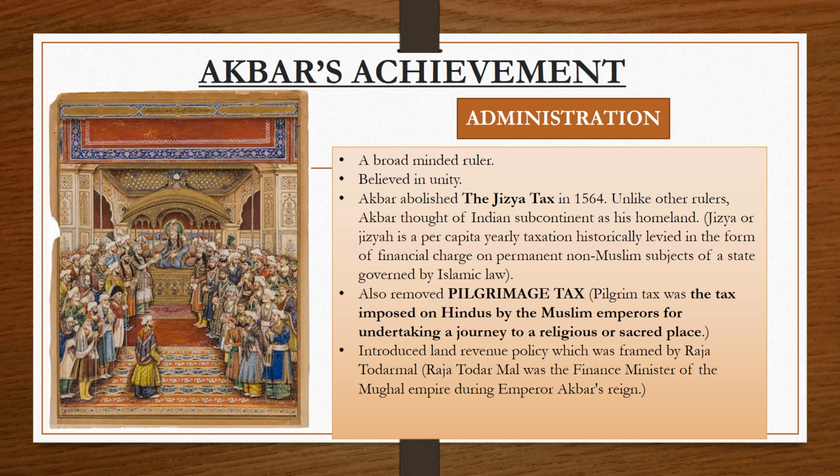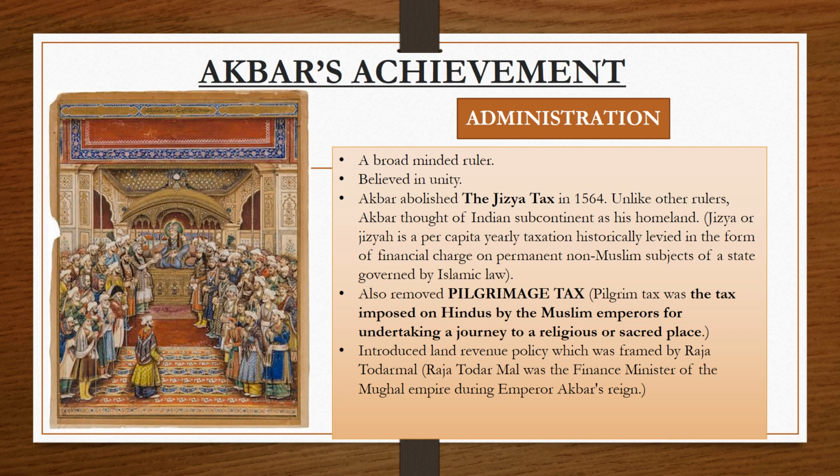Children, jizya tax is a tax which was collected by Muslim rulers as a financial charge from those people who didn't convert themselves to Muslims. When Muslim rulers started ruling India, they forced people, mostly non-Muslims, to convert.